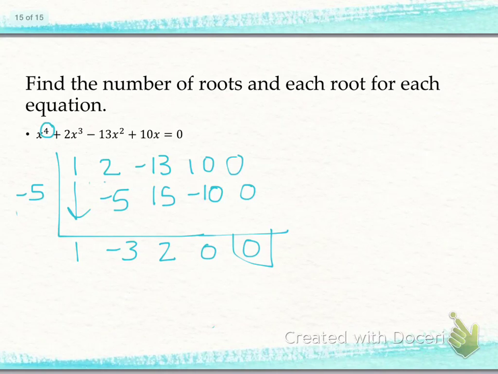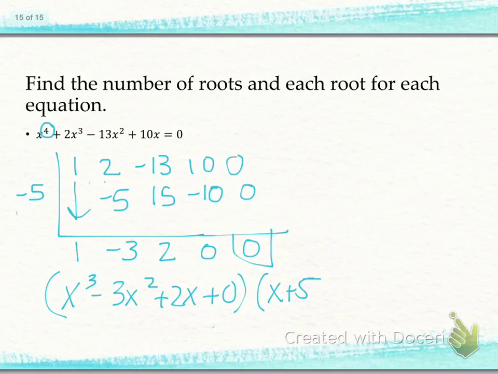I went from x to the 4th. If I take an x out, I start with x cubed, so I got x cubed minus 3x squared plus 2x plus 0, and then I have to include my x plus 5 on the outside. Remember, when we put it in a set of parentheses, we flip it. So if I rewrote that a little simplified, now let's see if we can keep factoring this.